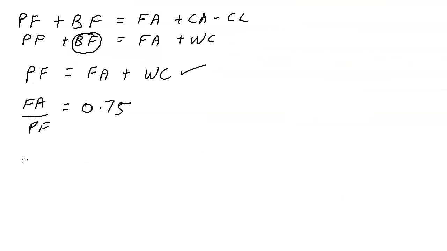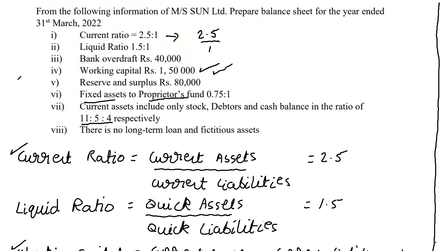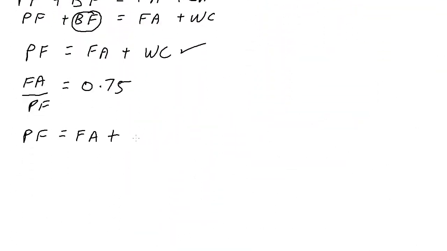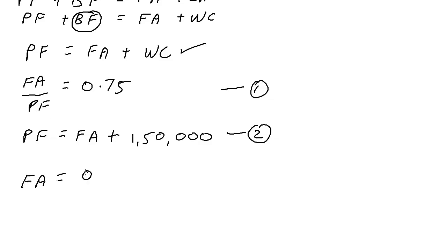So we have proprietor's fund is equal to fixed assets plus 1,50,000. We have this as one equation, this as the second equation, and if fixed assets upon proprietor's fund is equal to 0.75, proprietor's fund is division, goes that side becomes multiplication, I can say fixed assets is equal to 0.75 proprietor's funds.